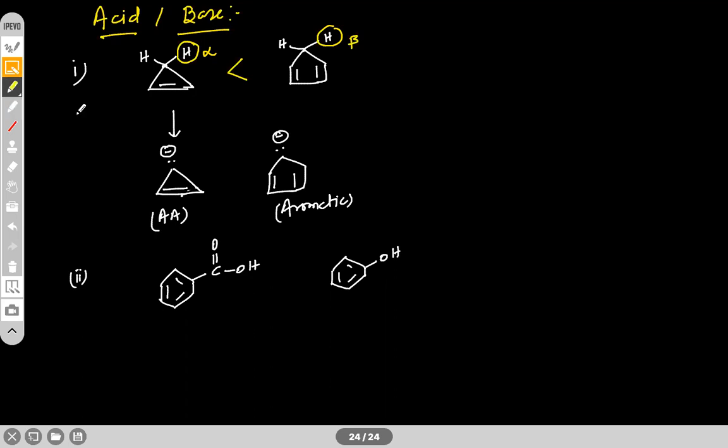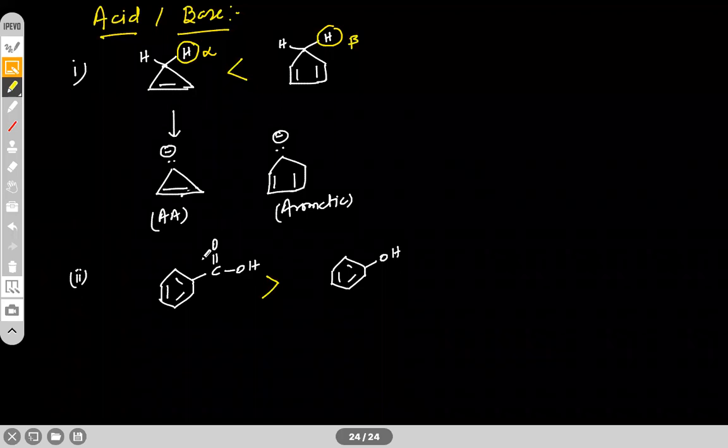A is greater than B because this COO minus here, negative charge, and this negative charge has more stability. Hence the order is this.